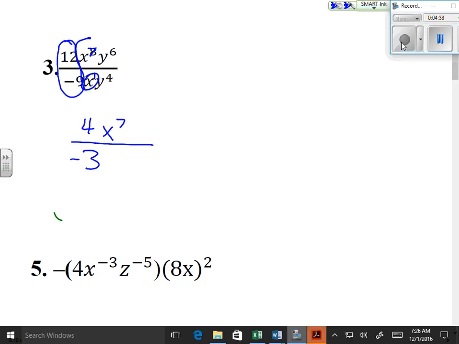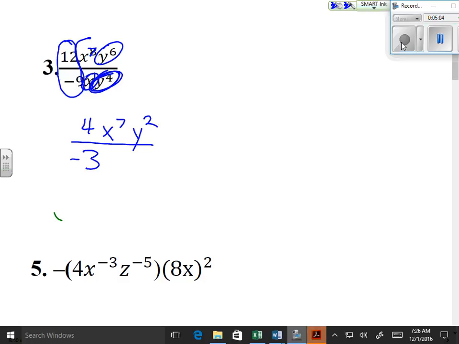On the y's, we have 6 on top and 4 on bottom. So same thing, we're going to have a leftover on top, 6 minus 4, which will be 2. Because basically all 4 of these canceled out with 4 of those 6. There was 2 left. And so we're done.